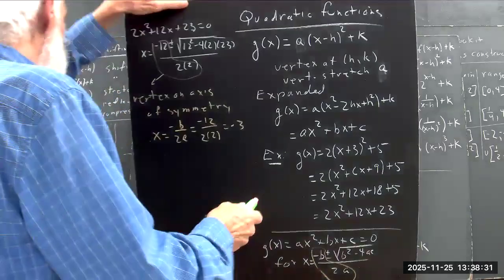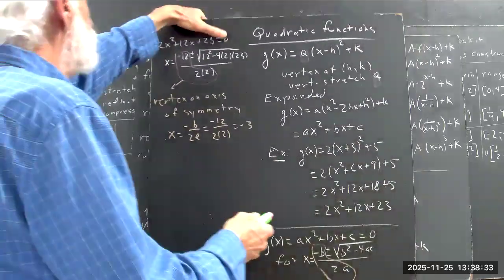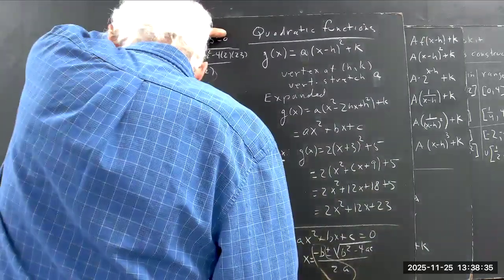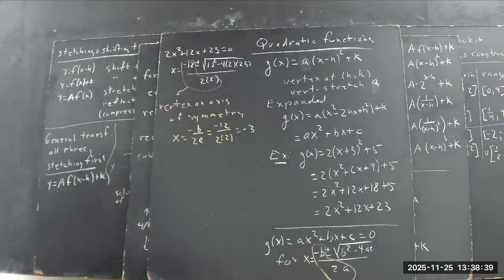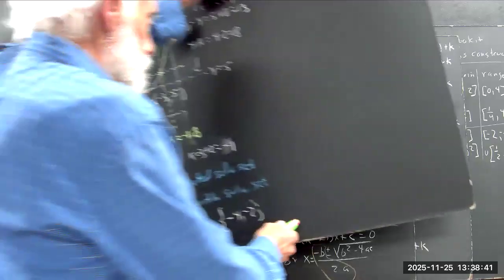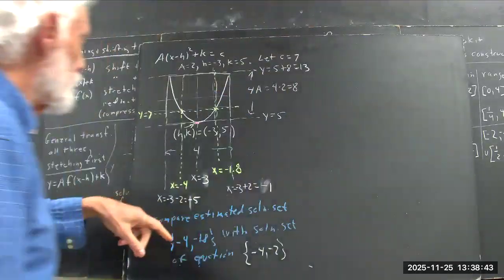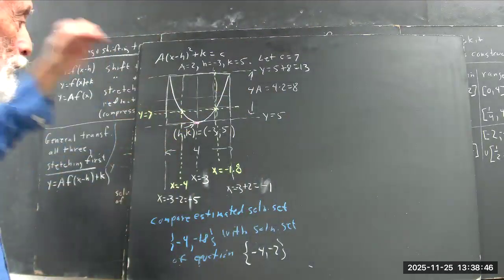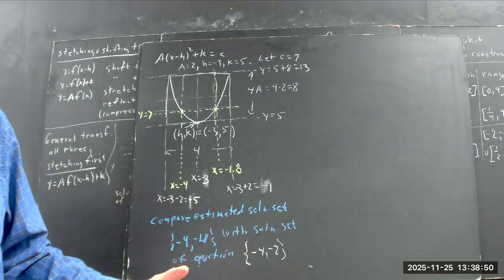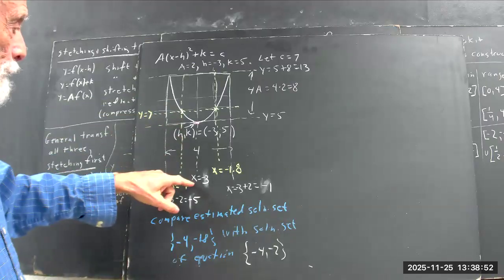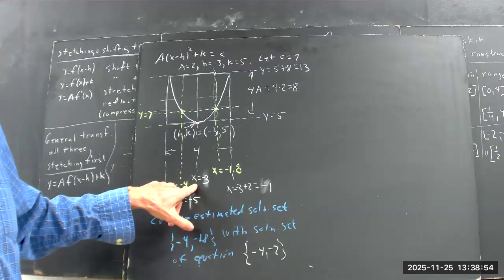Well, just back to wherever I put it, the graph of our function. Let's just review the fact that, what did we find? We found that this function that we've been talking about has an axis of symmetry at x equals -3. We'll look at it.